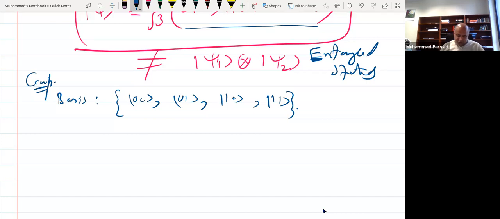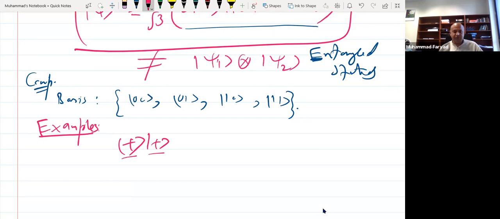Let's take a few more examples of a few other states. For example, if I have this plus-plus state, where my qubit 1 is in the plus state and my qubit 2 is in the plus state, this is sometimes written like this. Let's find their joint state.